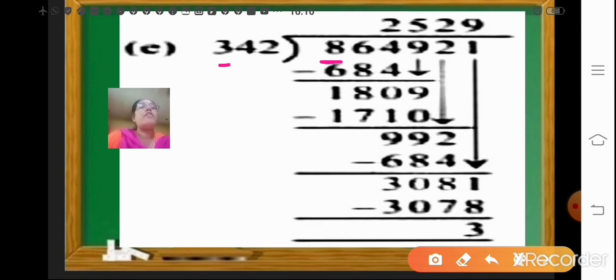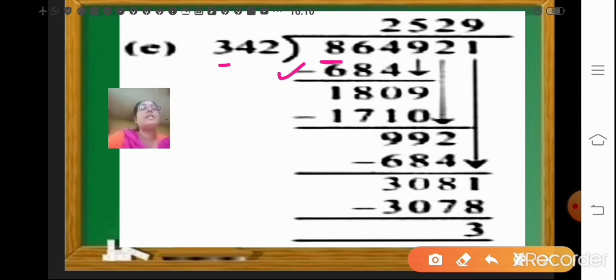So 342 multiplied by 2 gives 684. Now when you subtract 684 from 864, you get the answer as 180. Now 180 is smaller than 342, so it is not divisible.